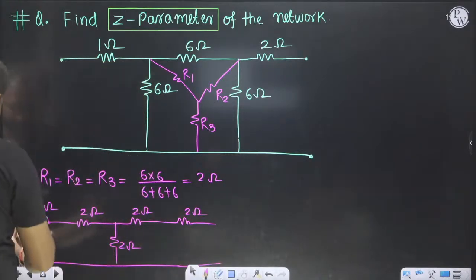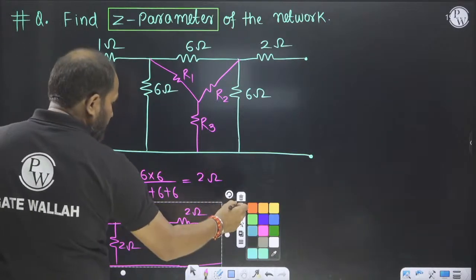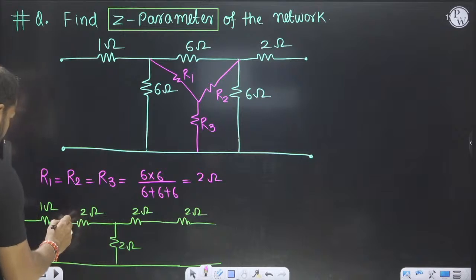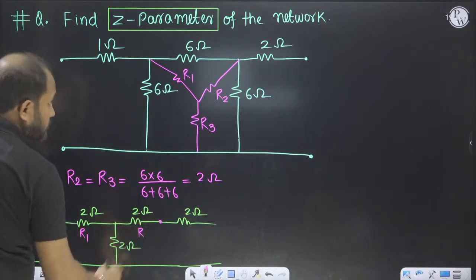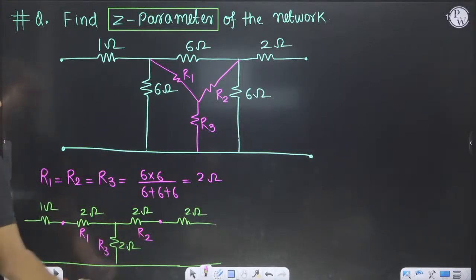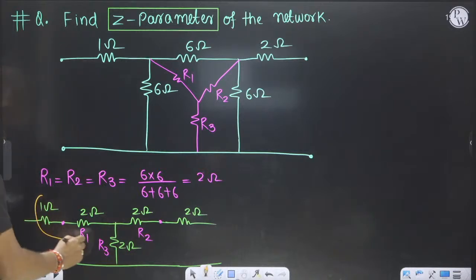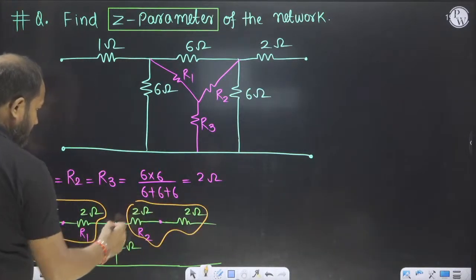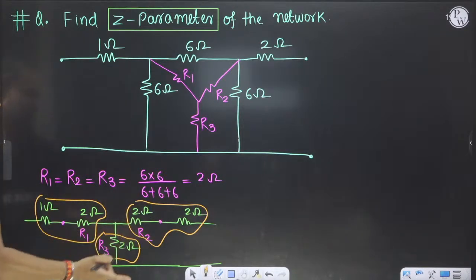So it is very easy to understand. Yes sir. So this one is R1, this one is R2, and this one is R3. Again we have this one ZA, this one ZB, and this one ZC.